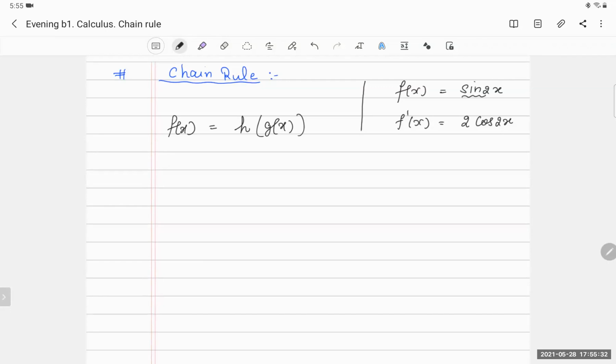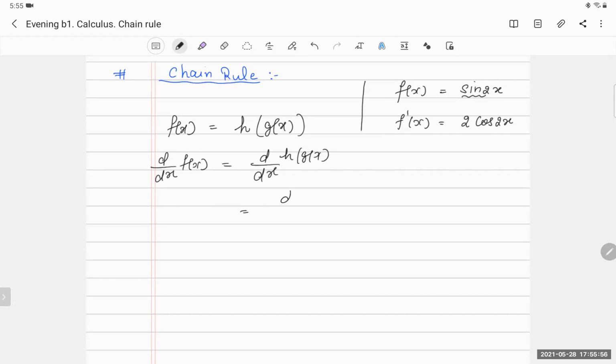Do you remember function of function? When the input of the function is another function. Now if I want to calculate dy by dx of f(x), I cannot solve it like this. So I will say dy by dx of h of g(x). I need to calculate this.